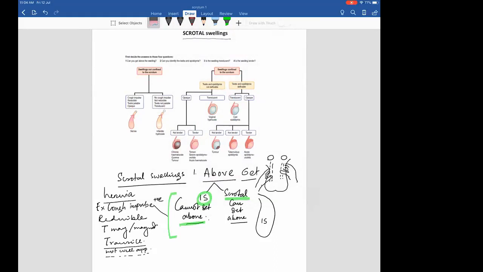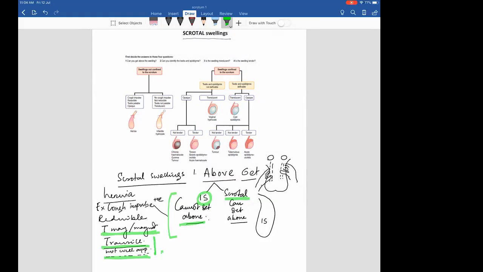But what you are required to remember is that a hernia is going to have these findings. So what are the points that I've told you? Hernias are known to have an expansile cough impulse, reducible, testes may or may not be palpable, and as I've said, transillumination is not very well appreciated.